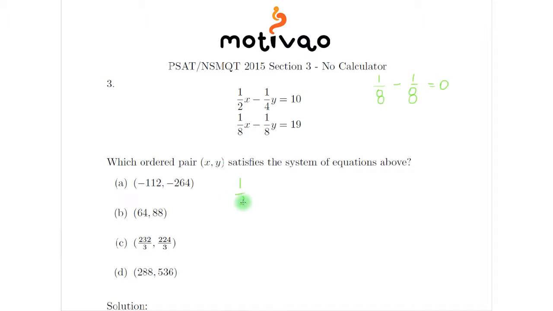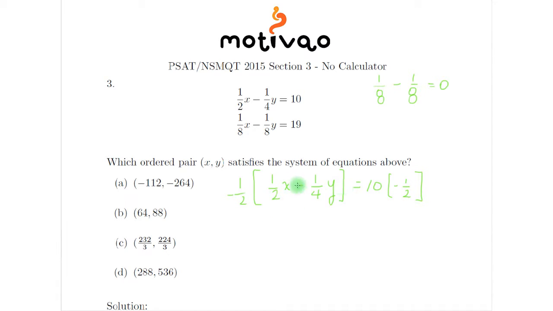So negative 1/2 times my first equation, 1/2 x minus 1/4 y, equals what? Notice that if I multiply negative 1/2 on the left, I also have to multiply negative 1/2 on the right. So that's 10 times negative 1/2.